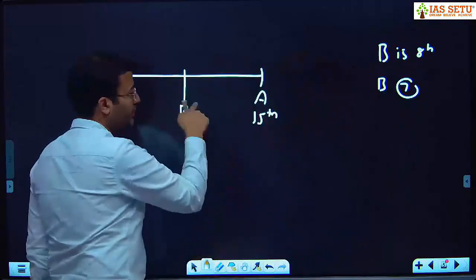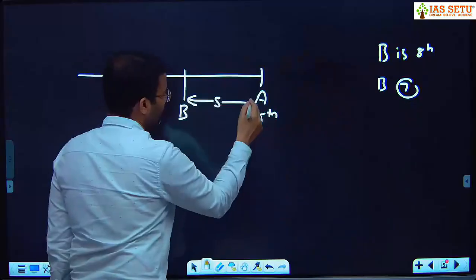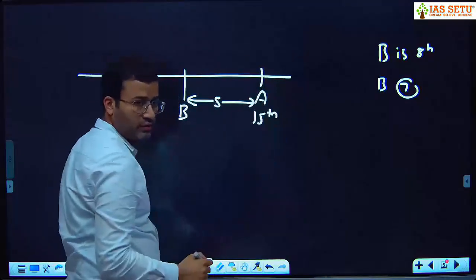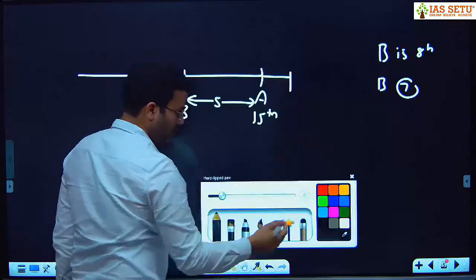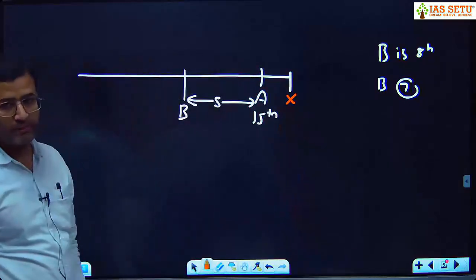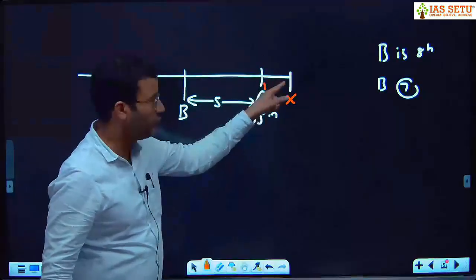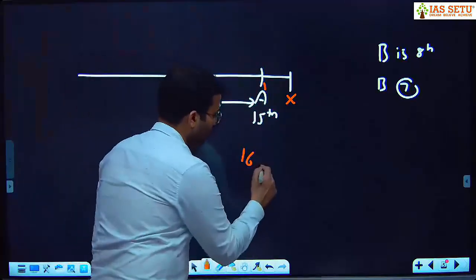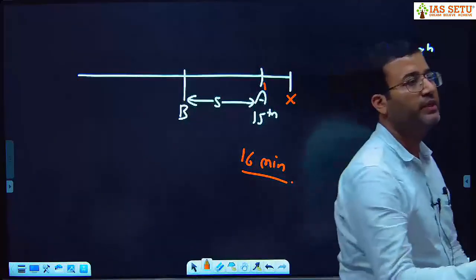According to the question, between A and B how many persons are there? 5. The 6th one is A. How many extra persons do you need? 1 extra. I will call it X, the extra person. Now how many persons are there? 15 and 1 extra, 16. So your answer is 16 minimum. Maximum 28, minimum 16.